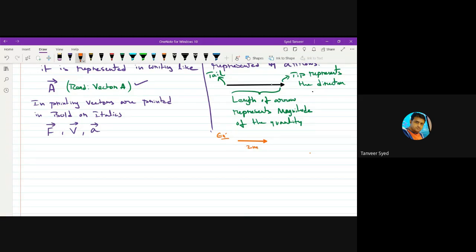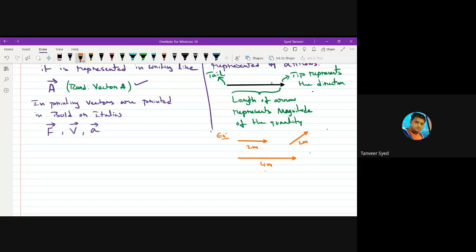If I want to show that the displacement is 4 meters in the same direction, then I should draw an arrow double its length like this, 4 meters. Or if I want to show a displacement of 2 meters in some other direction, the arrow will be something like this. This is 2 meter displacement in some other direction. This direction is different, this direction is different.